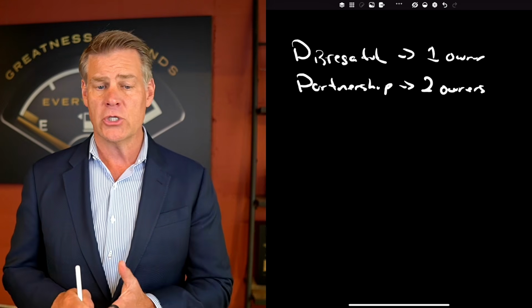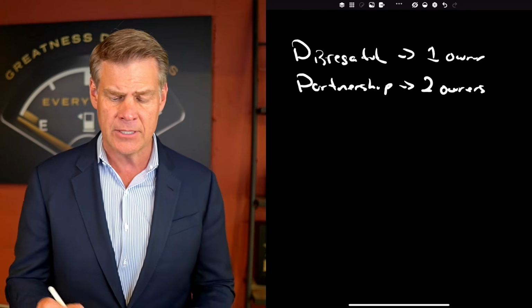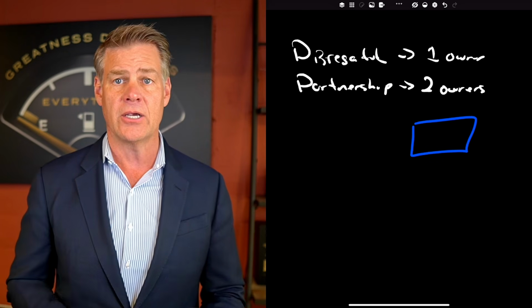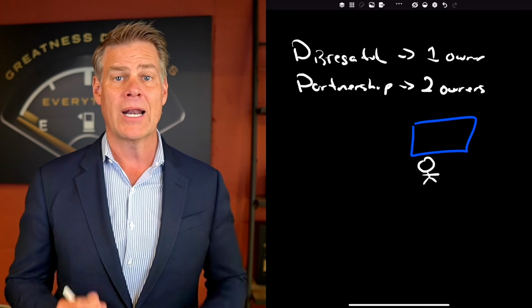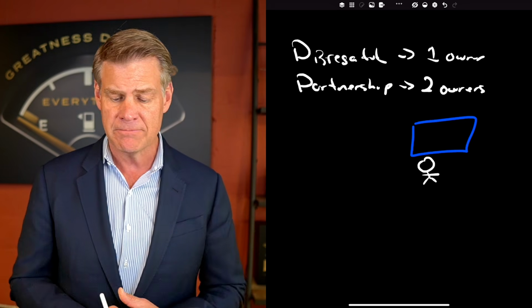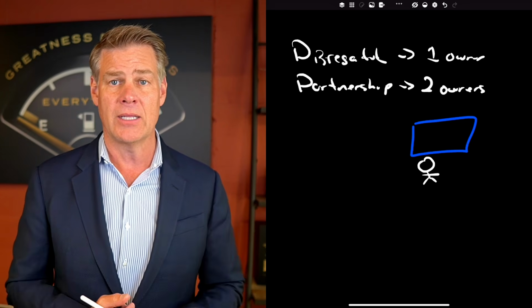Now, in order to be a partnership, you could be you and another business entity. It's not uncommon for us to create limited liability companies. So we set up an LLC here for a single individual, and they want to have partnership tax status, as I'm about to explain to you when you should use it. And they don't have someone else in their life that they're comfortable putting on their LLC.